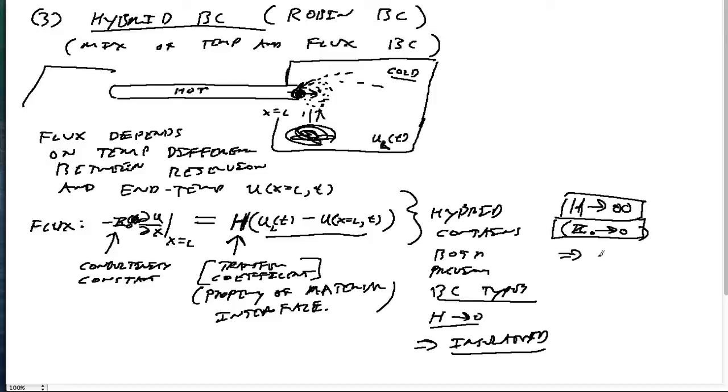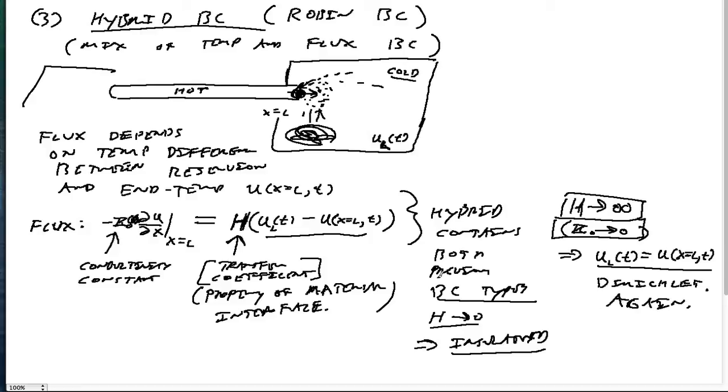It implies that u(L, t), our set outside temperature, is equal to our end temperature. All right, so that's our Dirichlet condition again. Okay, so there's our three boundary condition types.